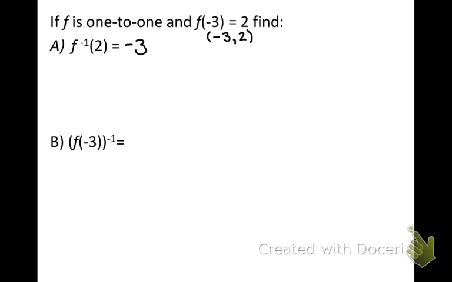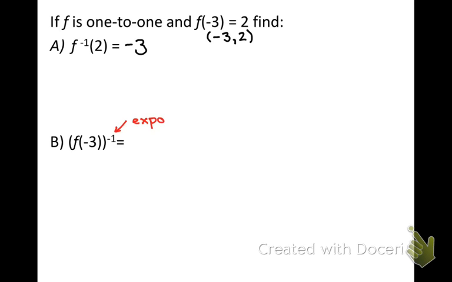Now, part B is in here to make sure you understand the placement of this function notation, okay? Notice the placement here. That -1 in my superscript is not between my f and my input. This does not mean inverse in this case. This means an exponent of -1, okay?